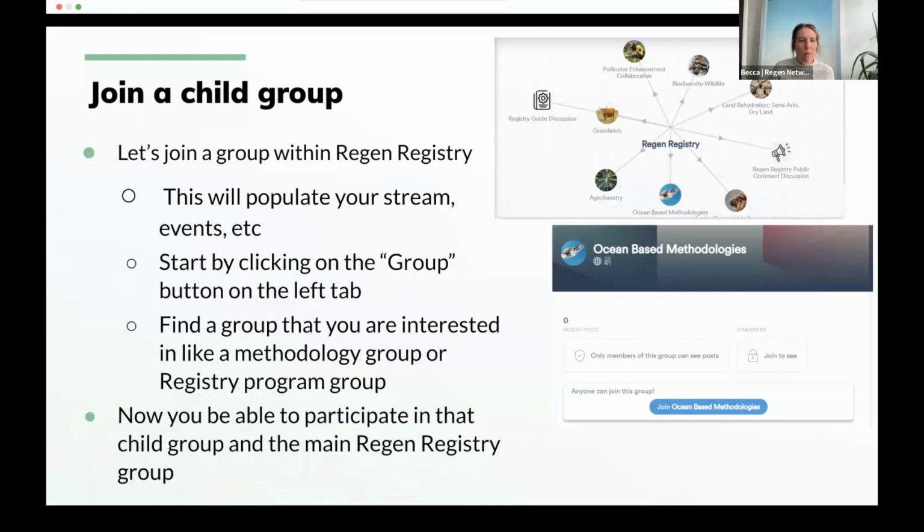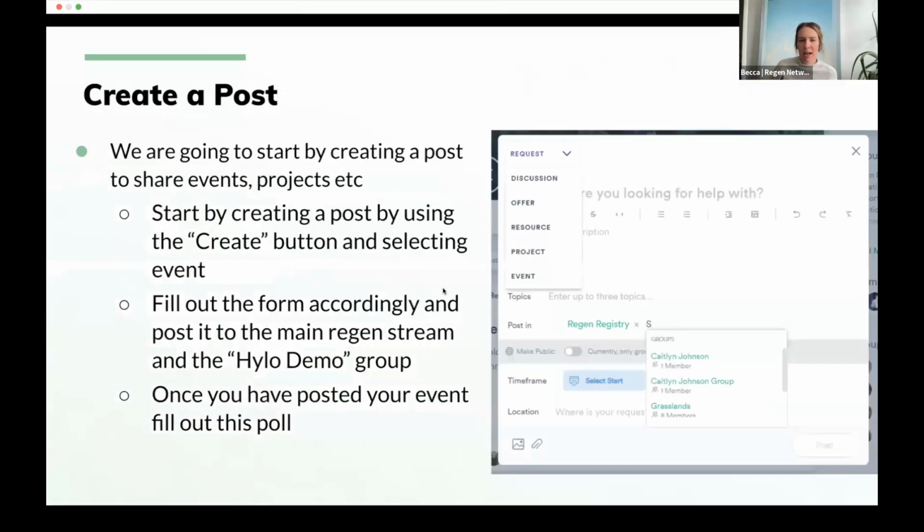And when you post things within one of the child groups, you can also choose to post them in the main registry group. So there's a lovely weaving of nested groups within the design of Hylo. So I hope you enjoy that. So hopefully you've gotten in a group, found something that is of interest to you, and then we'll shift to the next slide.